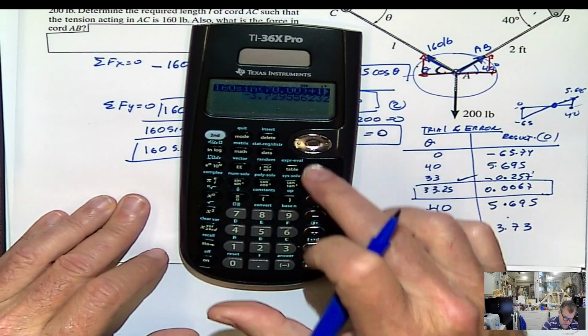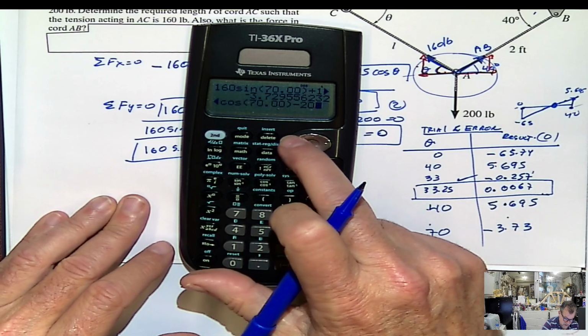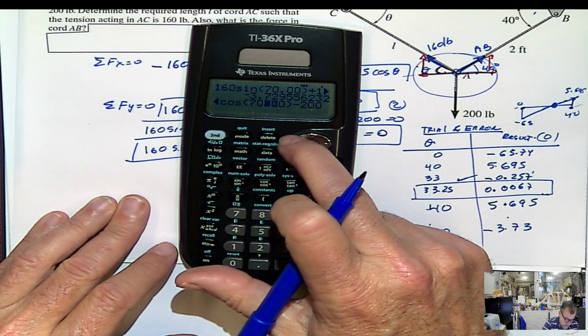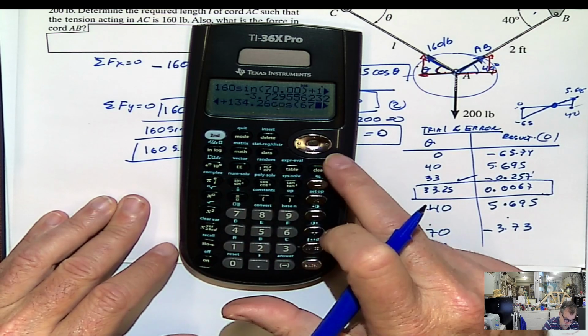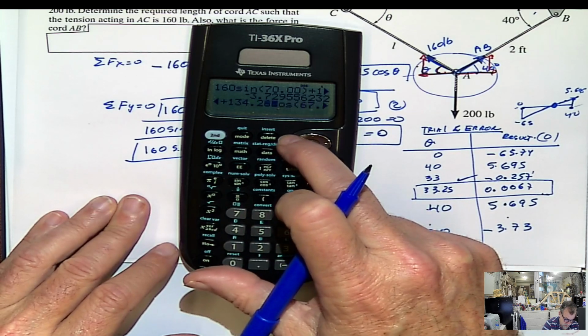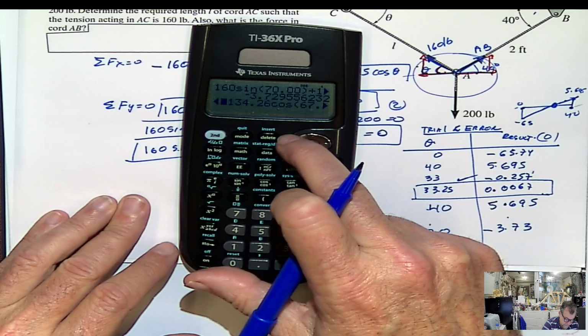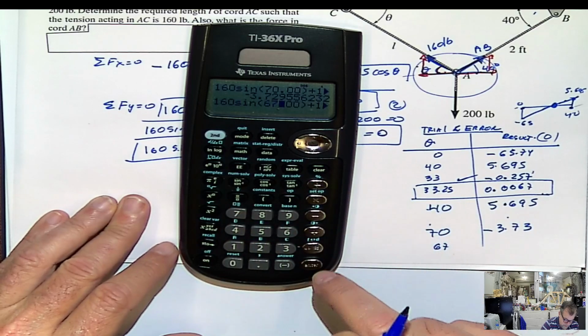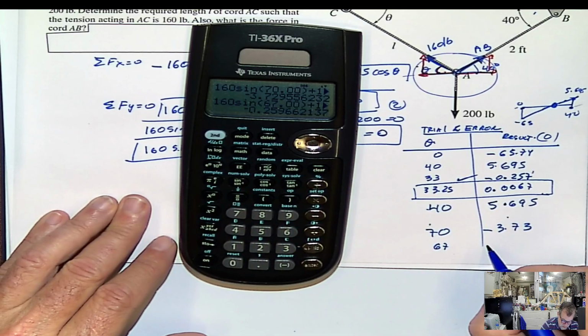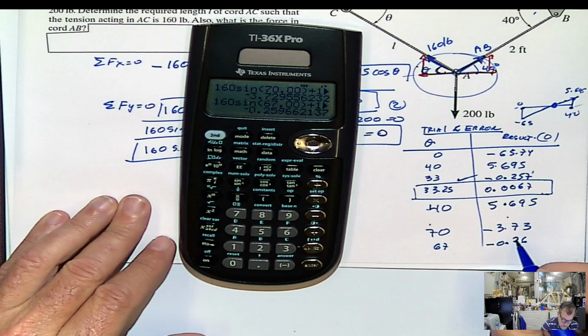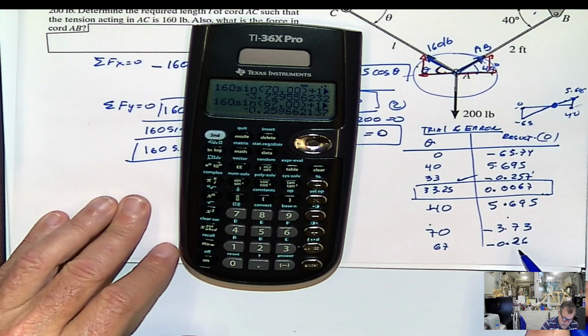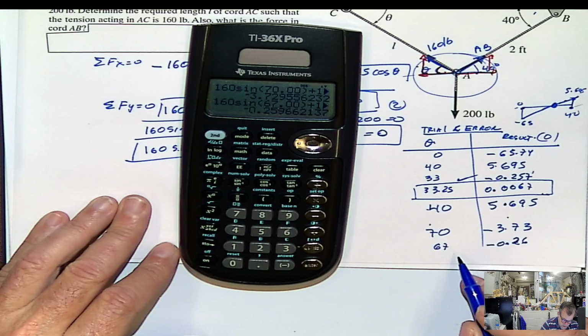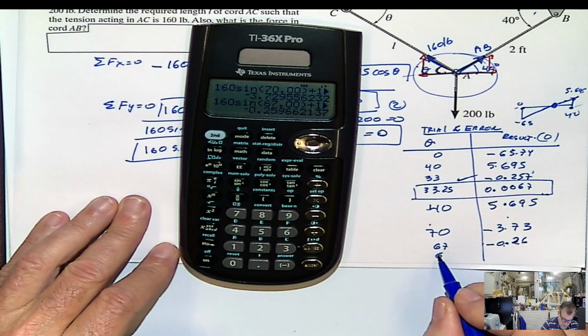I go up and change this to 67, and then you get negative 0.26. What does that mean? That means the value has to be smaller than 67, but slightly smaller.